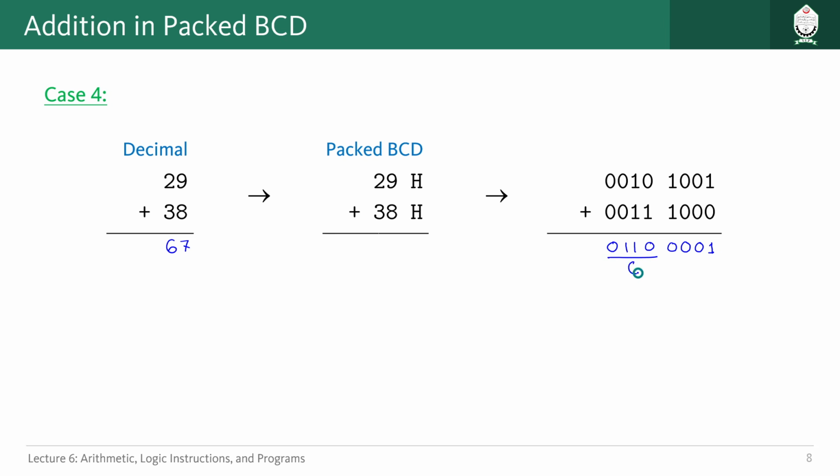So this is 6 and this is 1, right? Which is not the correct representation. 61H is not correct. So we have to add something here.